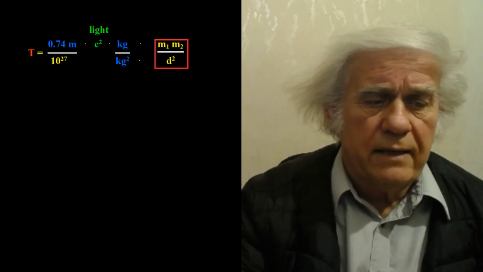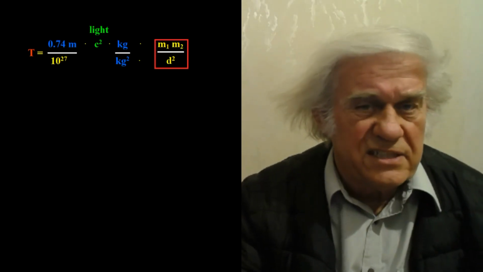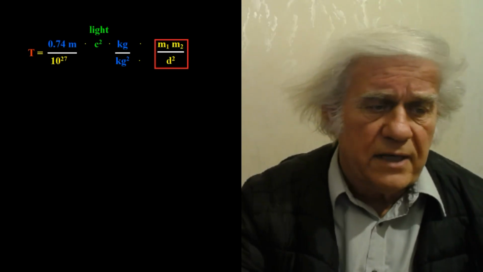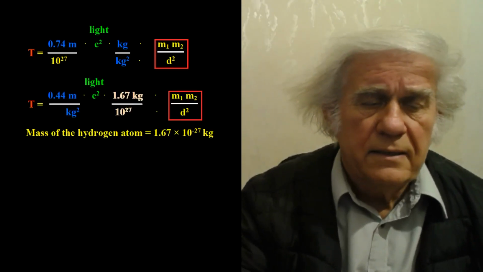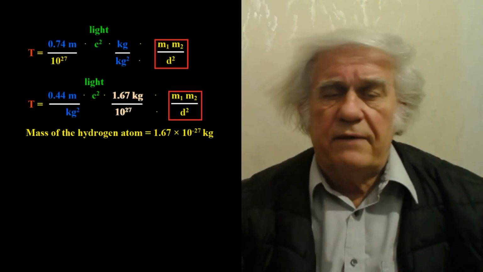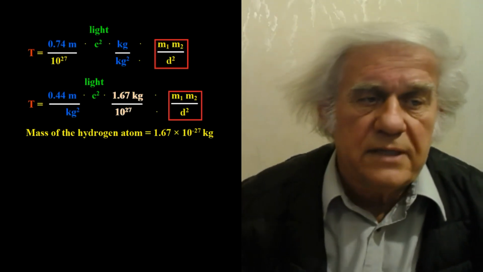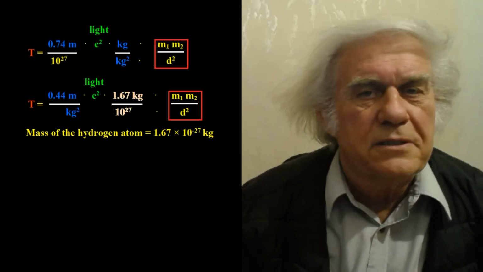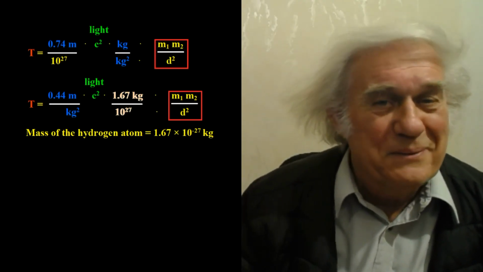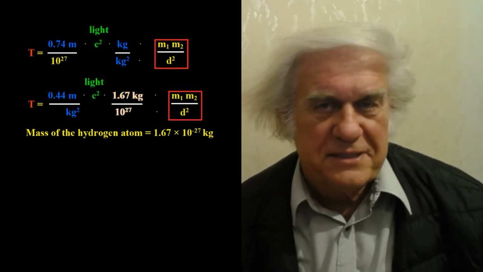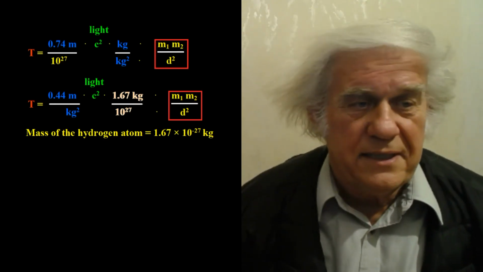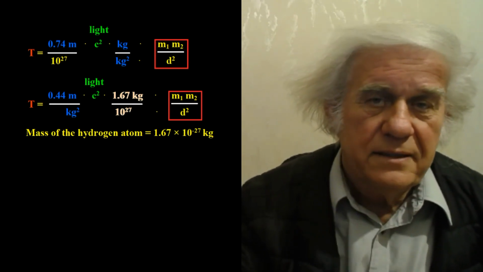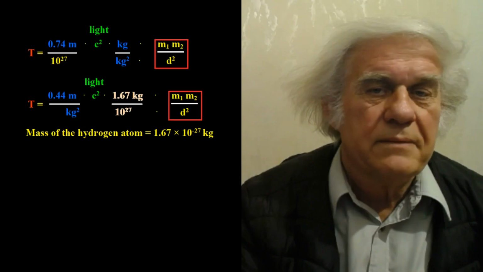Well, it turns out that all I did was put 10 to the 16th, and it turns out that that is the mass of the hydrogen atom. Okay? So now we have 1.67 kilograms over 10 to the 27, and it turns out that by sheer coincidence, and this is an interesting coincidence, just by putting 10 to the 16th over 10 to the 16th, I was able to factor out the speed of light and the mass of the hydrogen atom.